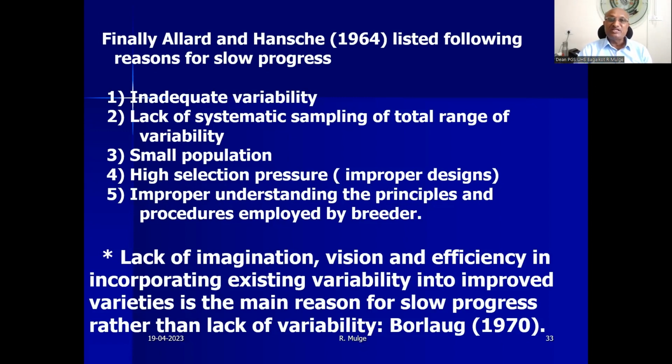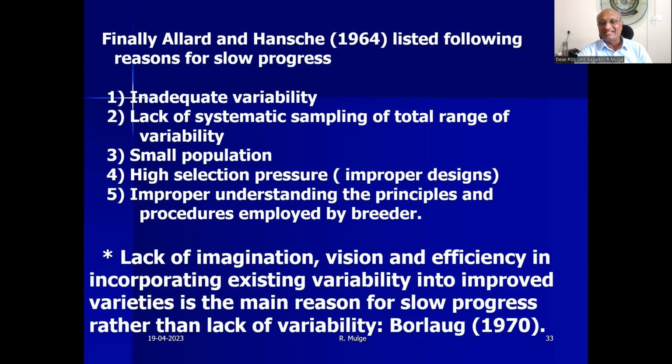So lack of imagination, lack of vision, and lack of efficiency in incorporating existing variability into improved varieties is the main reason for slow progress rather than lack of variability. Borlaug said it. You say there is lack of variability, I understand, but whatever variability is available, by and large, across the entire globe, plant breeders are involved and it is taken into account.